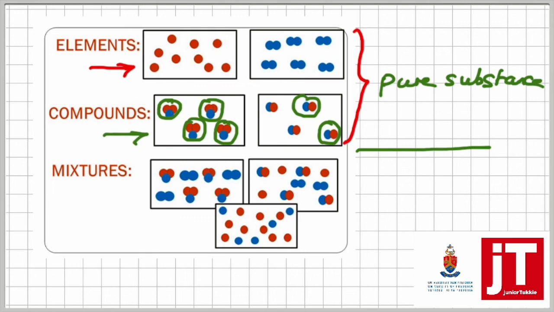Whereas in the mixtures, let's turn our eye to the example of the mixtures, and we will see an array of different types of particles. So here we've got a compound mixed with a diatomic element. Those are the two different types of particles over here in the mixture. So here there's two types of molecule.